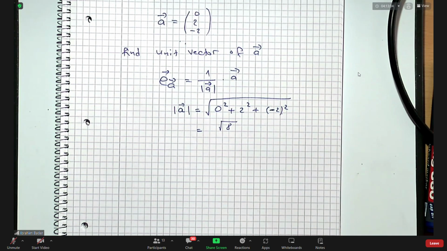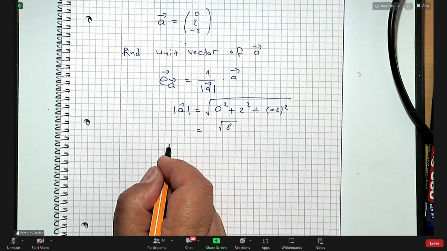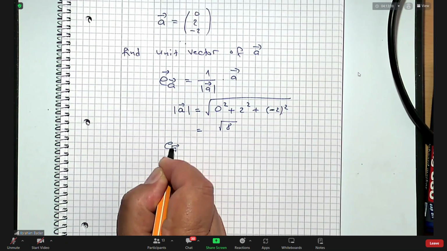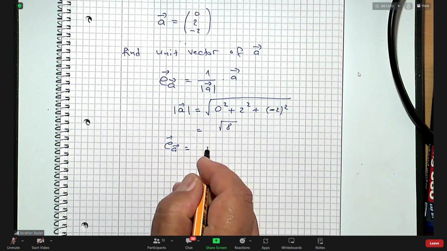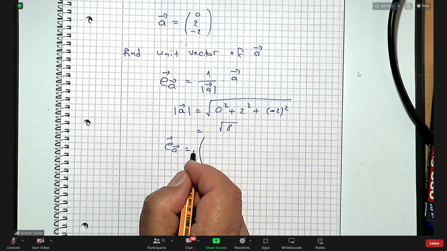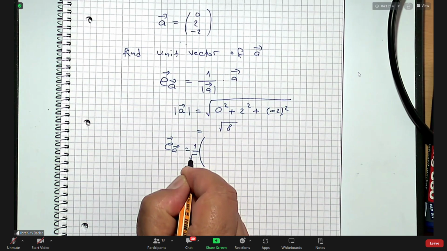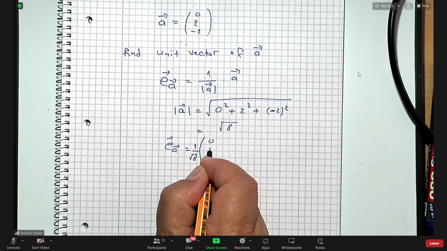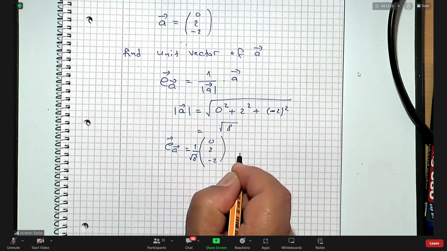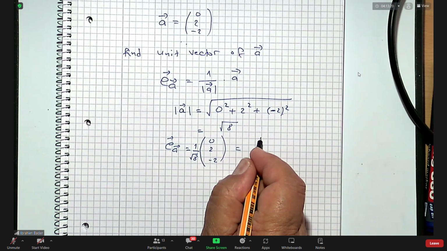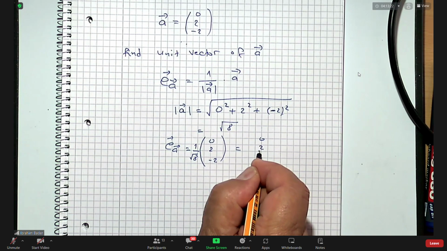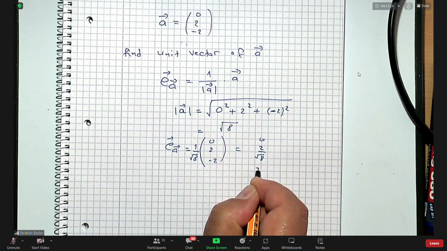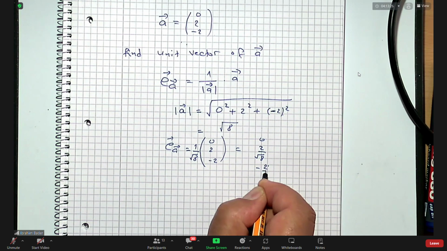Okay? Then from there, it's very easy. The unit vector equals 1 over square root of 8 multiplied by 0, 2, negative 2. So this is 0, 2 over square root of 8, negative 2 over square root of 8.